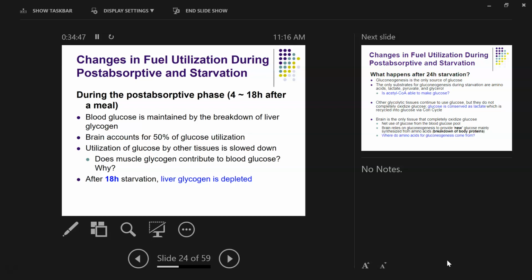And muscle glycogen, I want to remind you again, muscle glycogen is not going to contribute to circulating glucose, right? Muscle breaks down glycogen just for its own use and will not release glucose into circulation. And the reason, if you still remember, which enzyme is missing in the muscle?